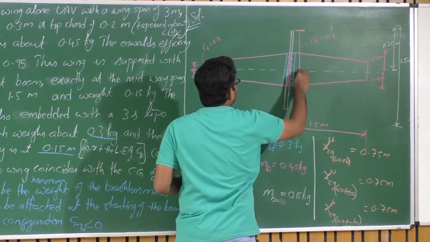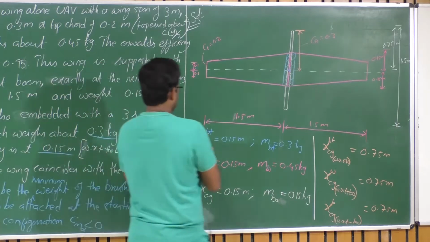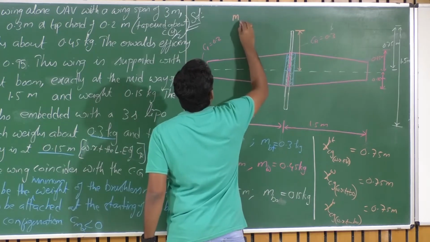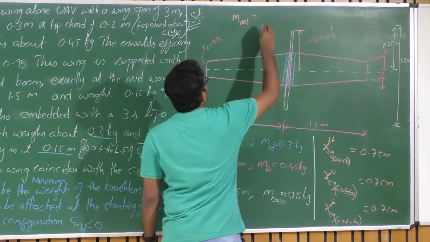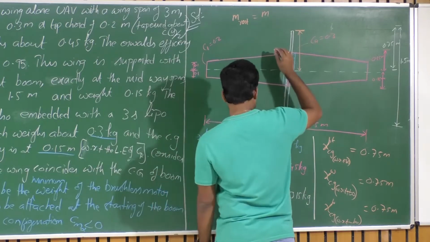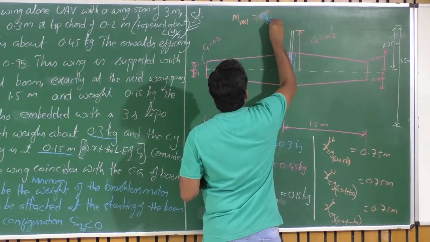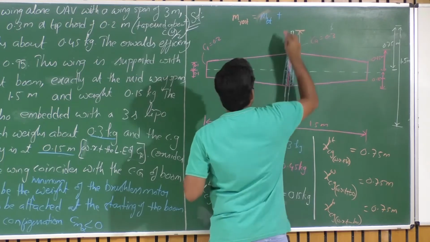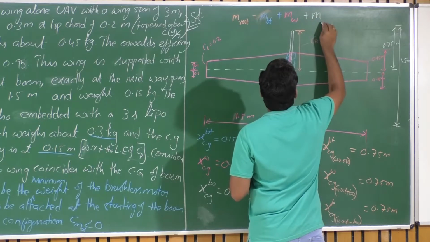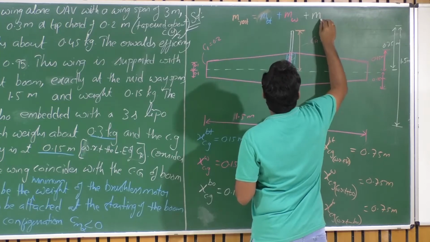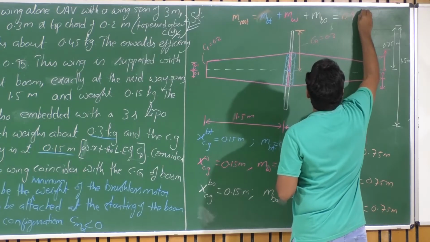So let us say, for the rest, what we can call it as, m of rest, the mass of the rest, apart from the motor that we have to add, is equal to mass of battery plus mass of wing plus mass of boom, which is equal to 0.9 kg.